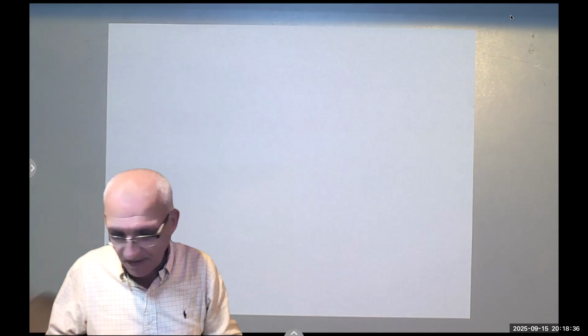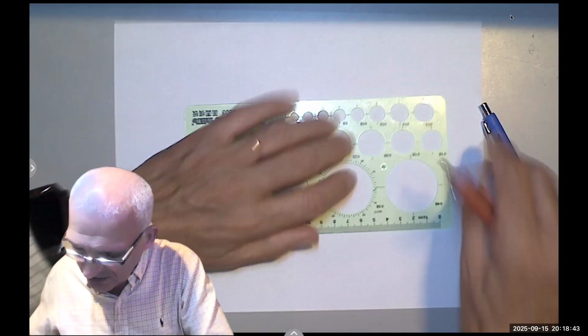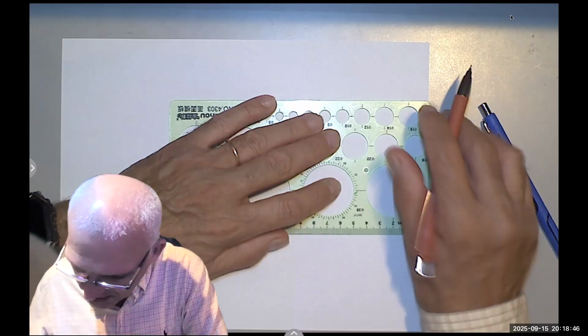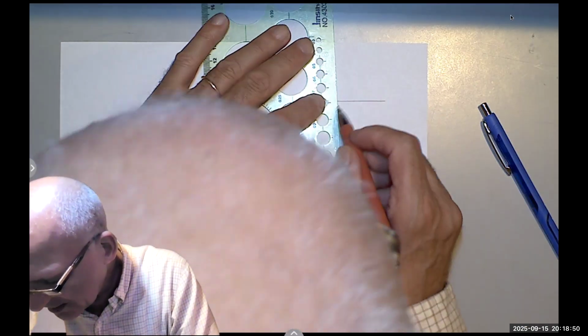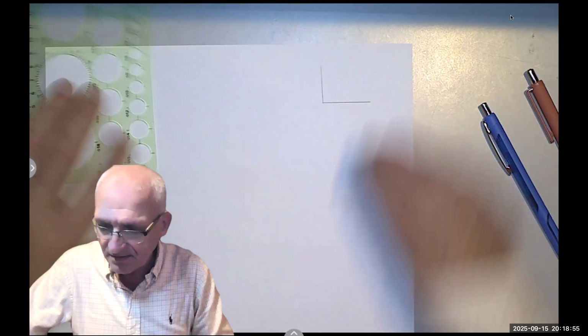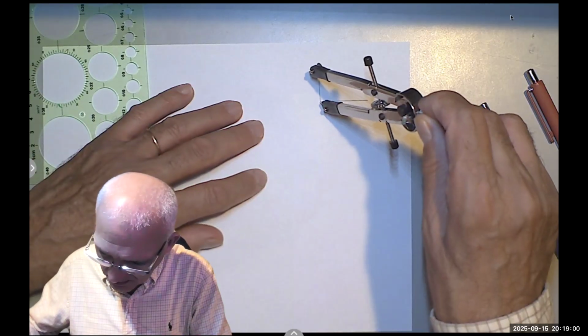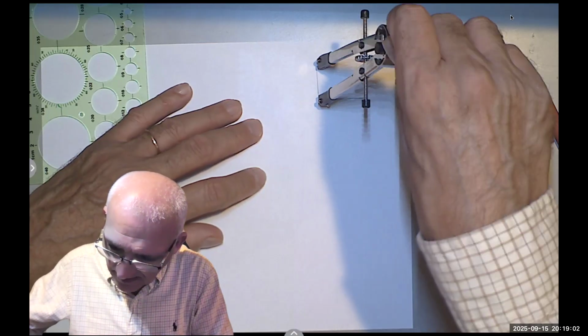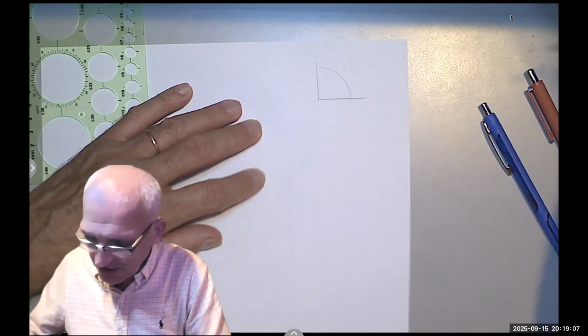Before we start, we can have half a circle or a quadrant. It really doesn't matter. Suppose I want to find the centroid of a quadrant, just one quadrant.